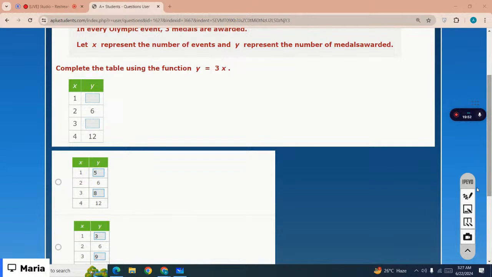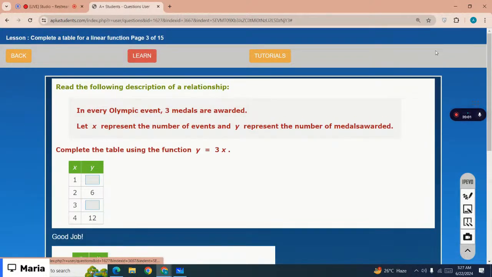The correct option is option number 2. When x equals 1, y equals 3, and when x equals 3, y is 9. Option number 2 is the correct option.